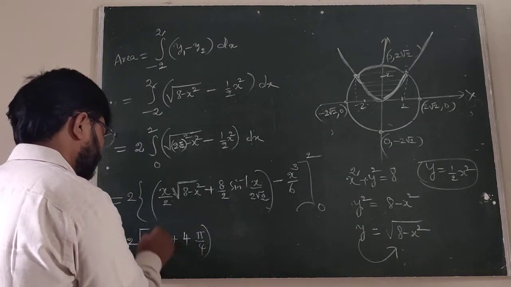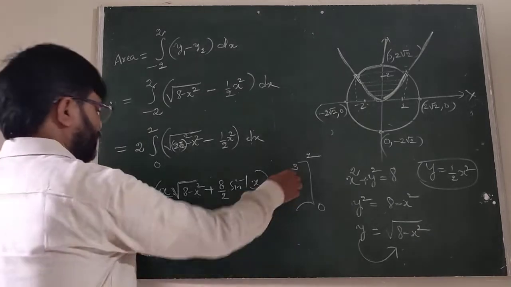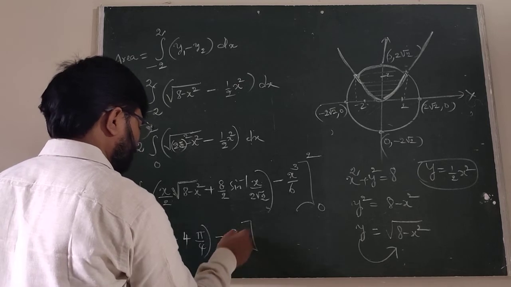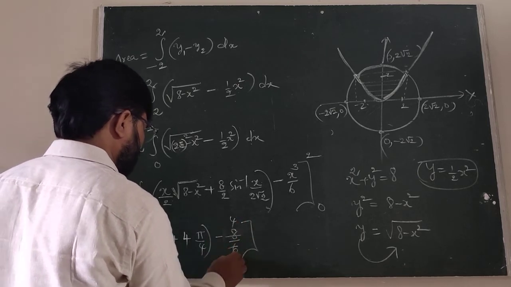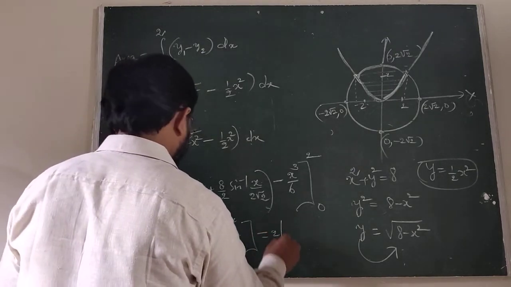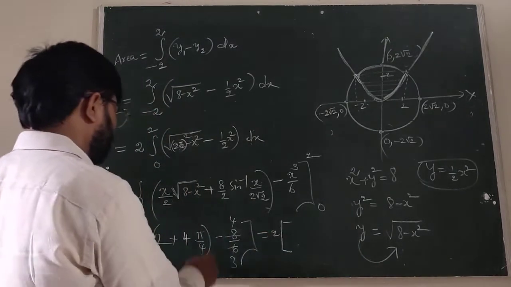The next one is minus of 2 cube, which is 8 by 6. This is 2 fours, this is 2 threes. Now we can write the 2 into, 4 and 4 cancel.